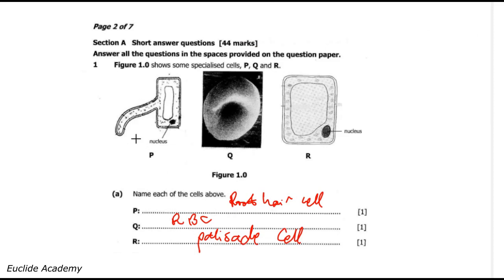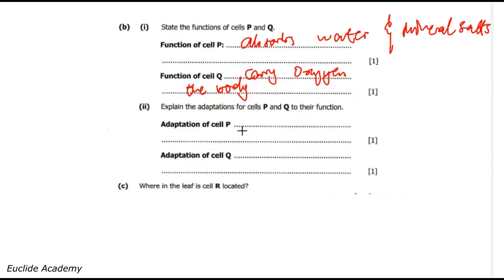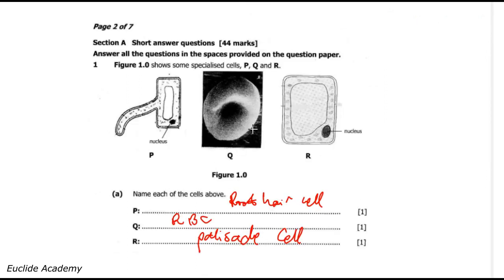Cell P has a root-like structure which extends out of its body and increases the surface area for easy absorption of water and minerals.